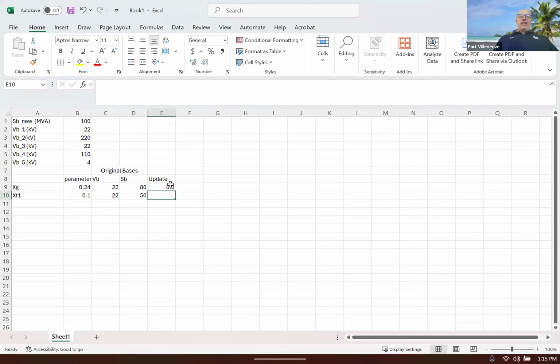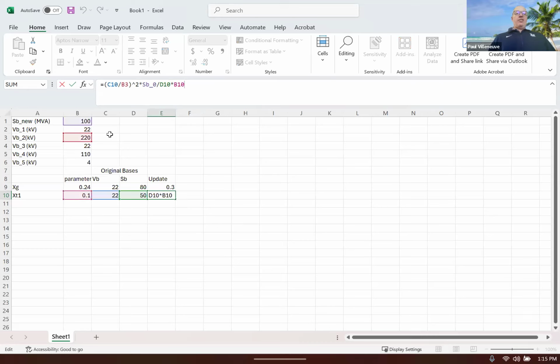Now we're going to update it, and I'm just going to copy this over. I know these numbers aren't right because this is the thing about Excel: it tries to update these cells. But notice when I picked SB original, that doesn't get updated. So there's the advantage of going ahead and calling it SBO. The only thing that I need to change is that it is now taking the voltage from region 2, so I have to change B3 to B2.